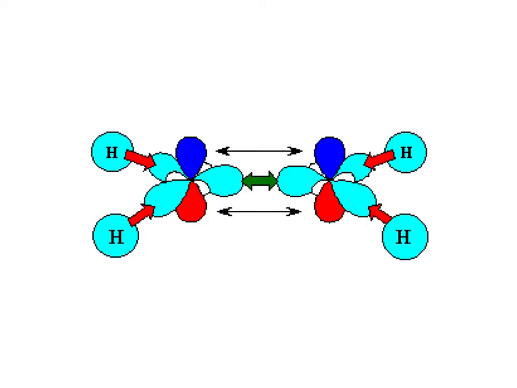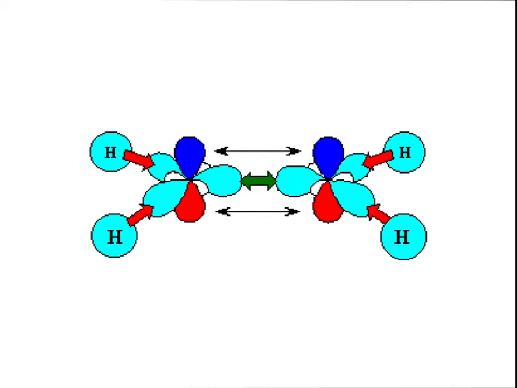And then you see depicted in the blue and the red lobes the pi bond. Okay, so to form that double bond and to get that 120-degree angle between those pairs, we needed to utilize sp2 hybridization. Let's go to another example.